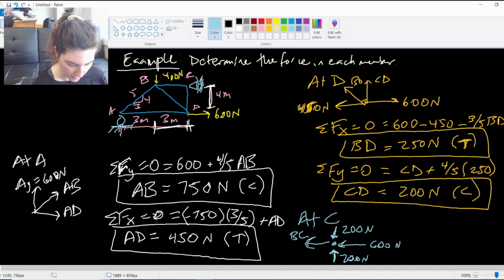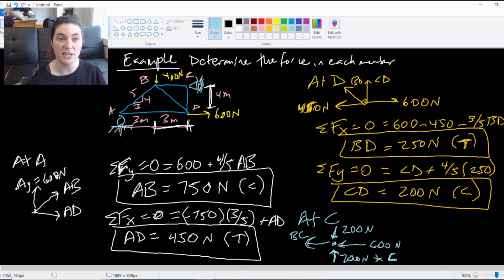Now note again that the 200 newtons from CD is pointing towards the joint instead of away from the joint because it's in compression. Right? Put a C next to it. But BC I drew away from the joint because I'm assuming that it's in tension. And I'm going to be wrong. I can see that I can't have my 600 and my BC pointing in the same direction and have them be in equilibrium.